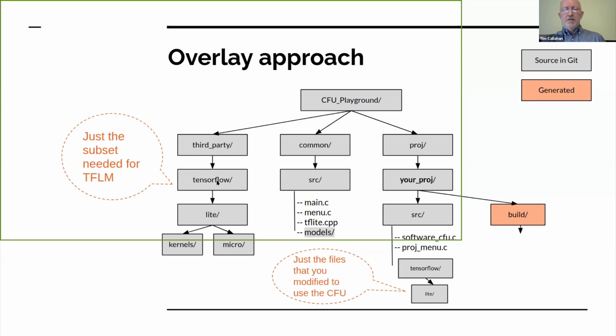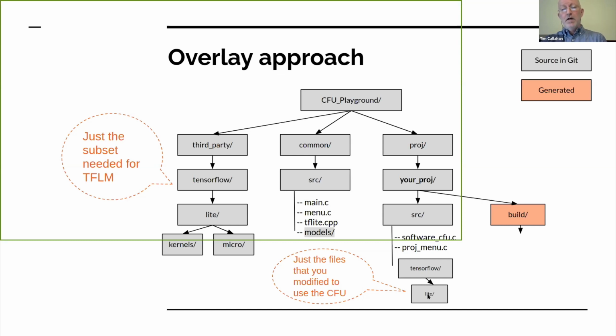So we have the TensorFlow library, specifically just the part needed for TensorFlow Lite Micro, not the entire TensorFlow library. The stuff we've written, the common software source, and then in your project, you provide some specific software sources, and in particular, you modify the kernels.